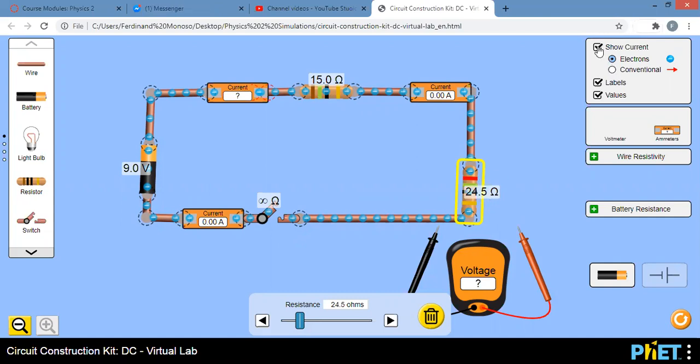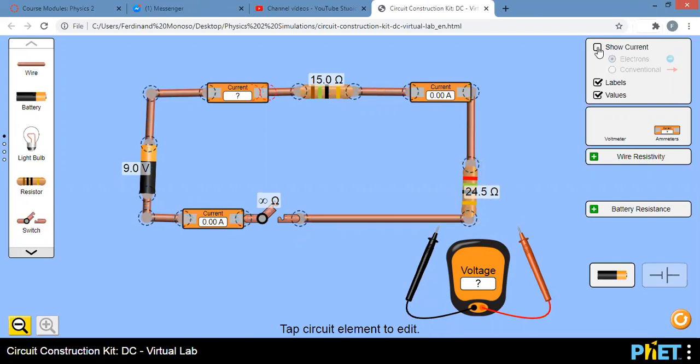Now, we can show the flow of the electrons or the flow of the conventional current. Now, the current, basically, if it flows in our circuit, it flows from the positive to the negative end. That's how it works. So, again, we have two resistances that we connected in series, and here are our meters to measure their corresponding values.